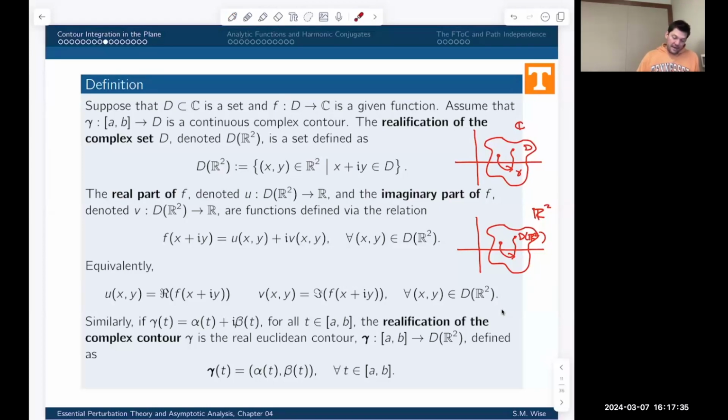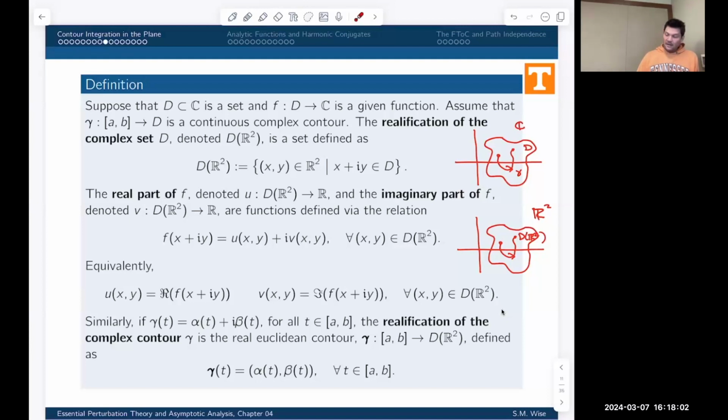The real part of F is denoted U, and that maps D from R2. D of R2 says that's the realification set into R. And the imaginary part of F, V, which maps that same set into R, are functions that are defined via this relation here. Okay, so F is a function of a complex variable and actually maps into the complex plane.